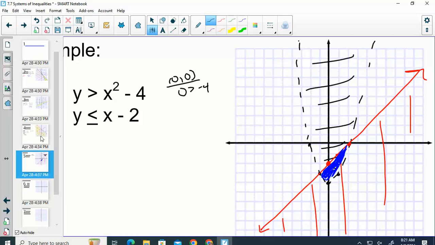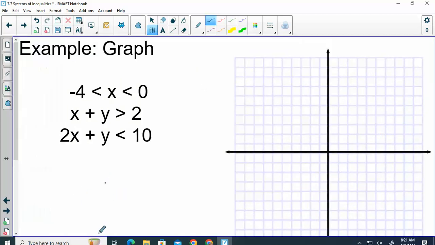Let's say I give you this problem. A system can include as many equations as we're given. It's not limited to just 2.